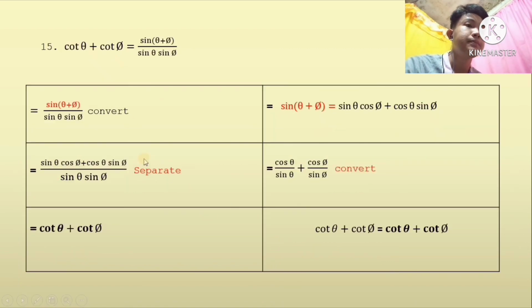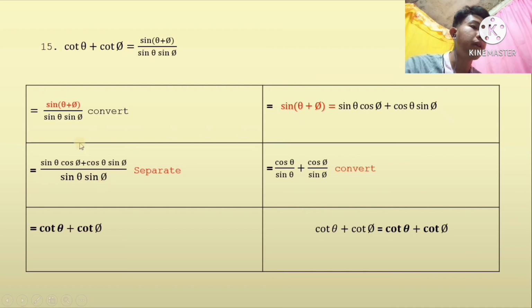Number 15. Prove that cotangent theta plus cotangent phi is equal to sine times theta plus phi over sine theta sine phi. So first, let's use the right hand side. Convert sine times theta plus phi into sine theta cosine phi plus cosine theta sine phi. Then our equation will be this.